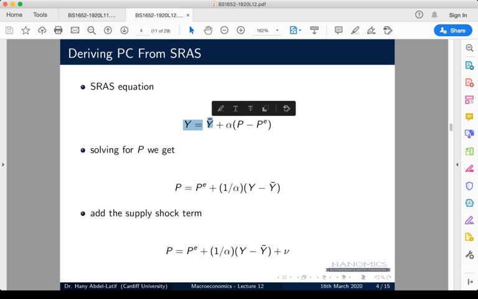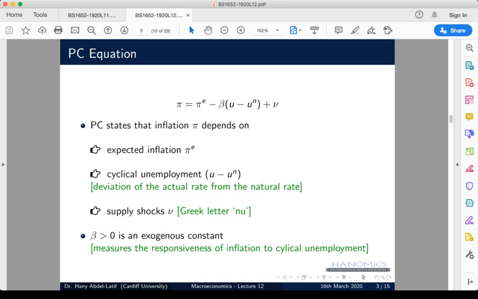But cyclical unemployment is different, because it's due to a shortage in the demand for goods and services. So what you saw in the Phillips curve here is the difference between the actual unemployment rate and the natural rate of unemployment.